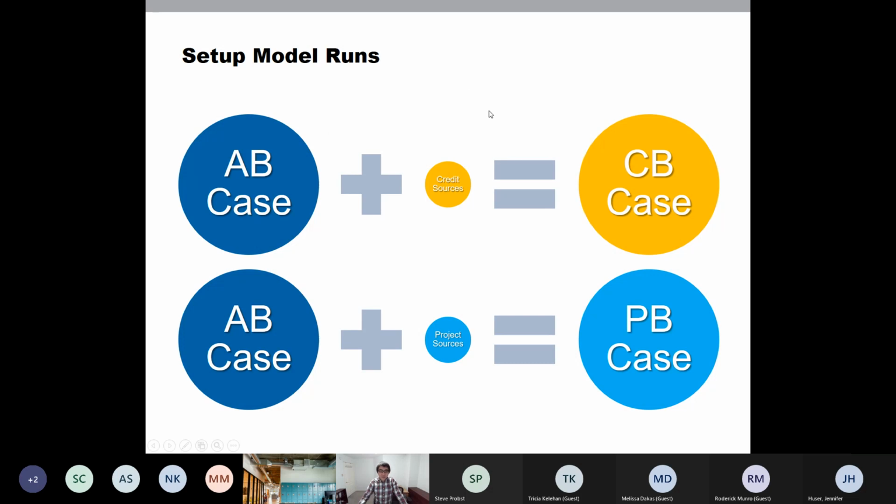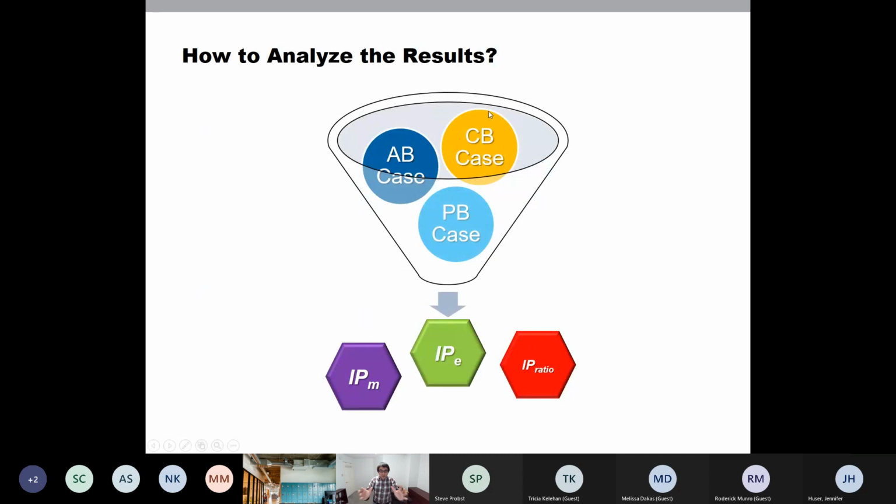At the end, we'll do a comparison analysis to see whether the credit baseline case or the project baseline case has better estimated air quality. The conclusion would be, if the credit baseline case results in worse air quality than your project, then it is justified to retire your credit. Let's say you retire those NOx for your new VOC emissions.